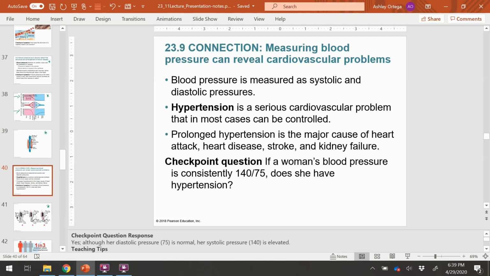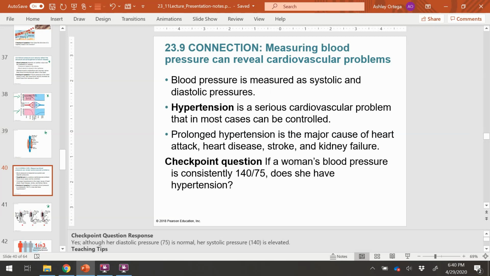We'll take a look at how to measure blood pressure and hypertension, and the stages of hypertension. Our checkpoint question here says, if a woman's blood pressure is consistently 140/75, does she have hypertension? The answer is yes. Even though one of those numbers is normal, her systolic pressure is elevated, and that leads to hypertension.